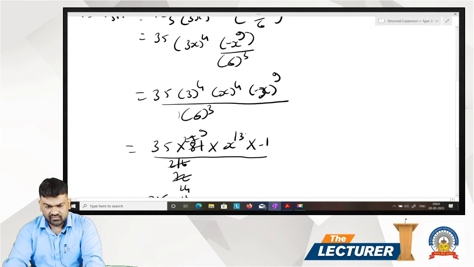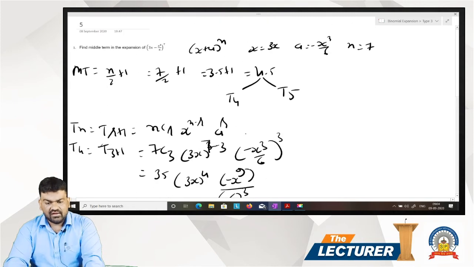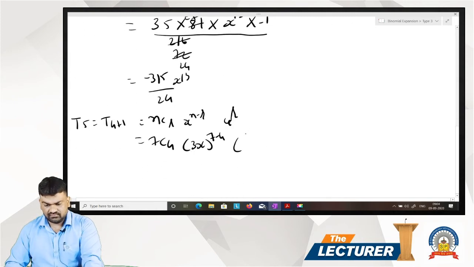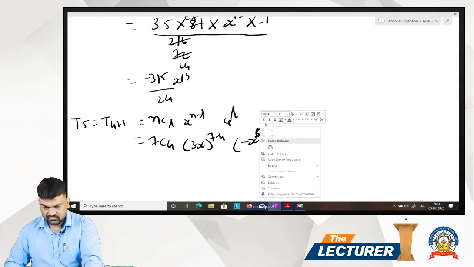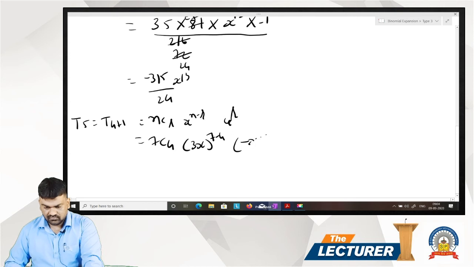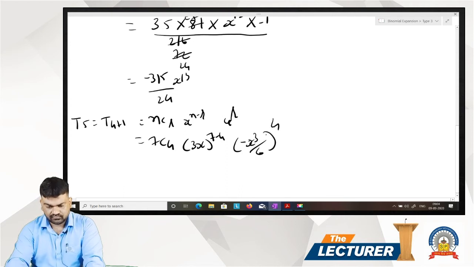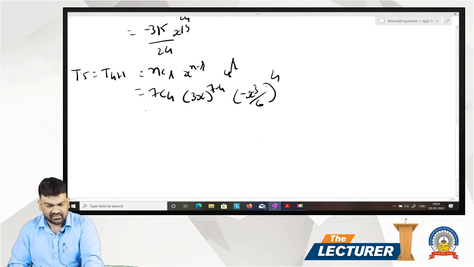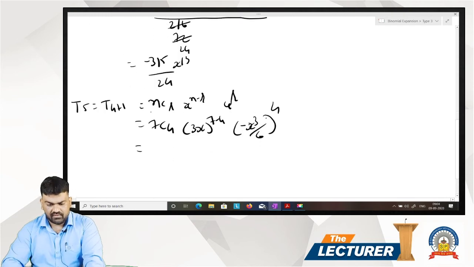What is a? a means minus x cube divided by 6, raised to 4. Now simplify it. 7C4, that is 7C3, 35.